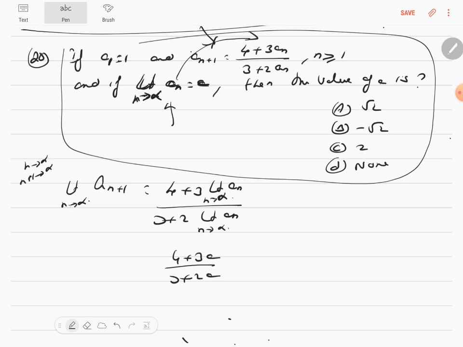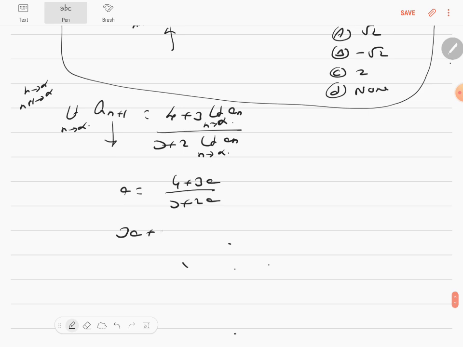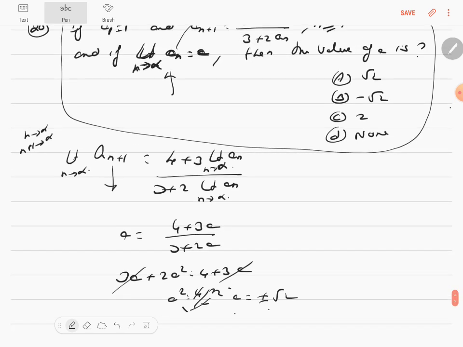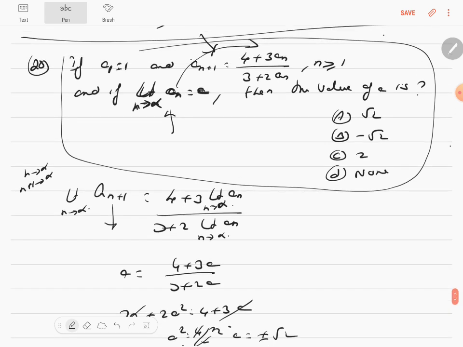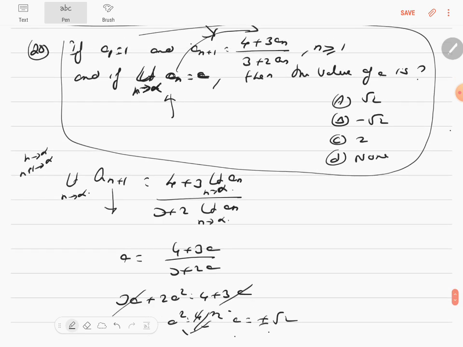And if n is tending to infinity, n plus 1 will also tend to infinity, and therefore this can also be treated as simply a. And so cross multiplying, 3a plus 2a square is equal to 4 plus 3a. 3a get cancelled, a square is equal to 4 by 2. So a is equal to plus or minus root 2.